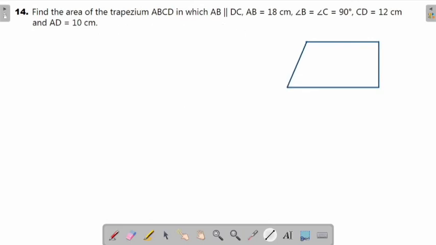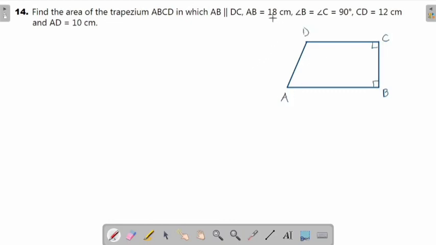So basically here, first and foremost let's write B and C here. Okay, so this is angle B, and this is my angle C, which is given to be 90 degree each, and we can see from the figure also. Okay, so you can write A here and you can write D here.